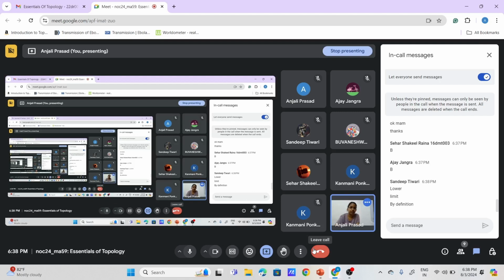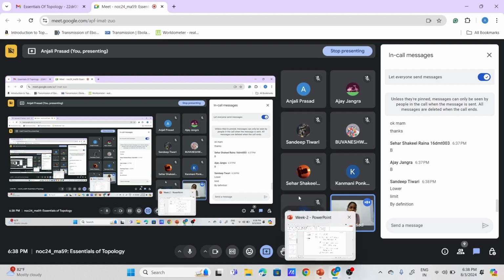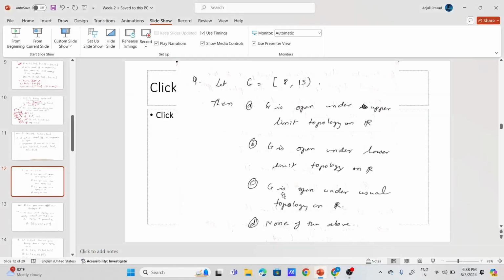Others also, is it B, that is lower limit topology? Others, have you got it? Or are you facing any difficulty? Just recall the definitions of lower limit topology, upper limit topology, and usual topology, and see which of these is satisfied by G.